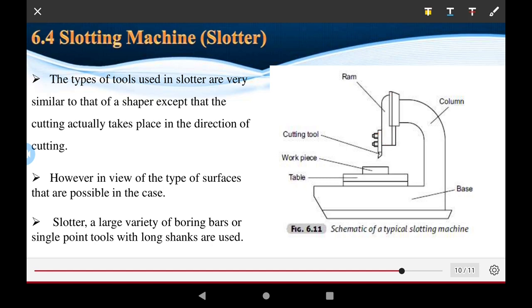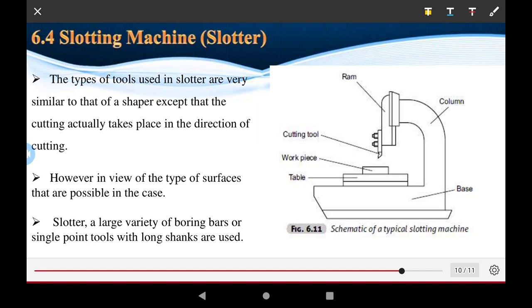The types of tools used in the slotter are very similar to those of the shaper machine. The actual cutting takes place in the direction of the cutting of the tool. The feed rate and direction of the tool cut the metals in the downward direction.